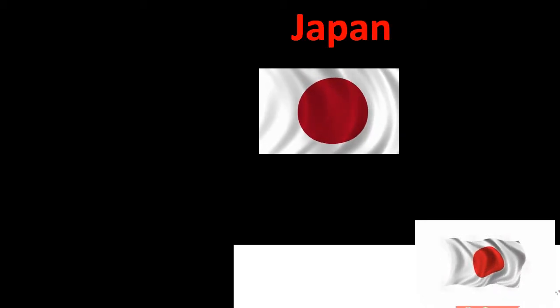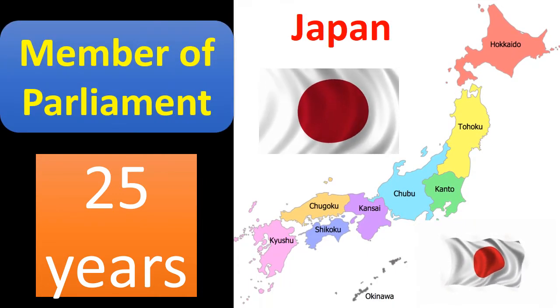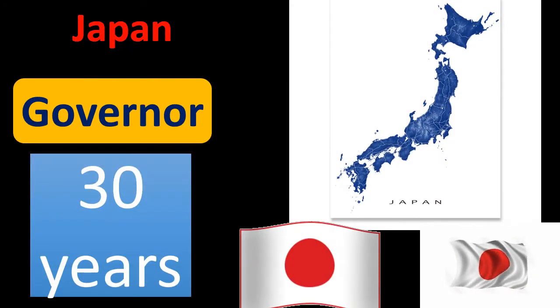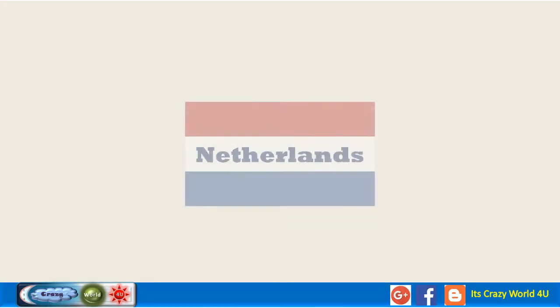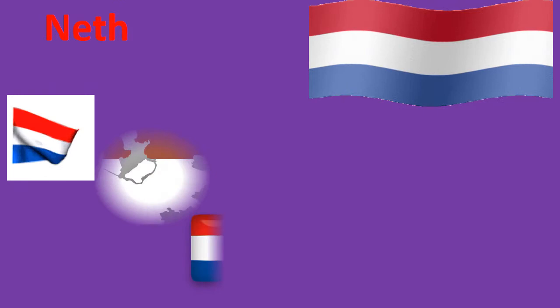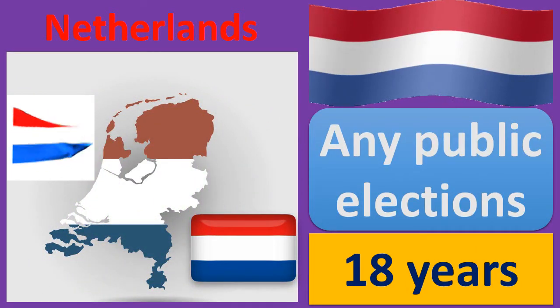In Japan, 25 years is the minimum age limit to contest for members of parliament. For contesting as governor, the candidate must be 30 years of age. In Netherlands, the candidate must be 18 years of age to contest in any public elections.